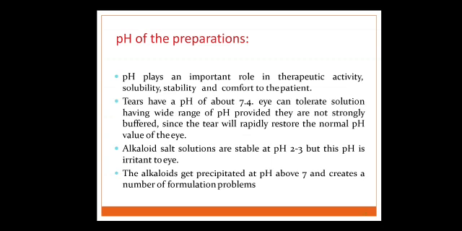Alkaloidal salts are stable at pH 2 to 3, but this pH is irritant to the eye. The alkaloids get precipitated at pH above 7 and create a number of formulation problems.